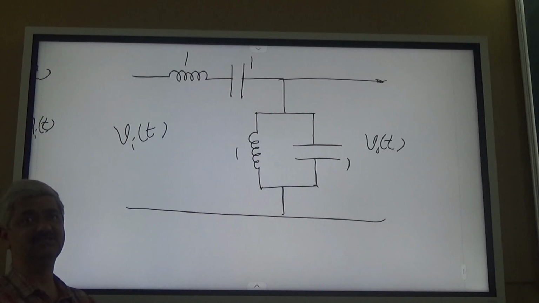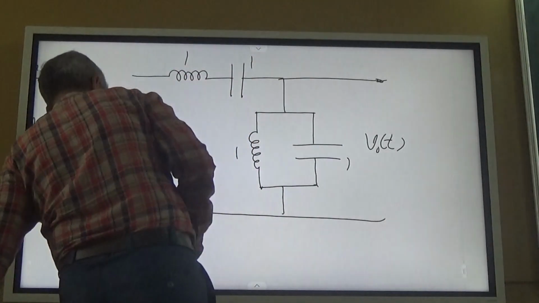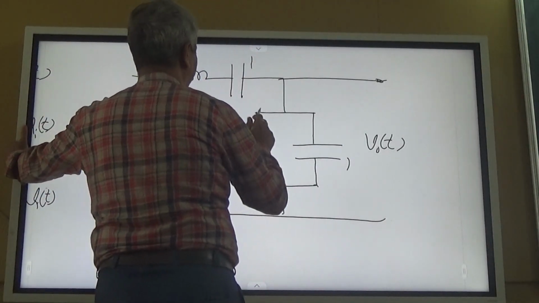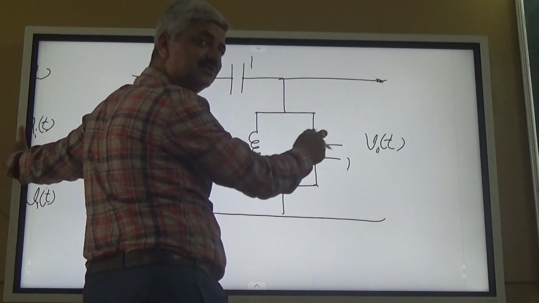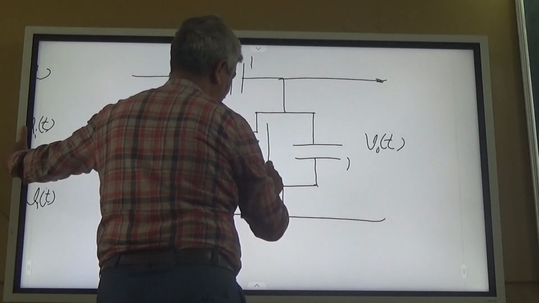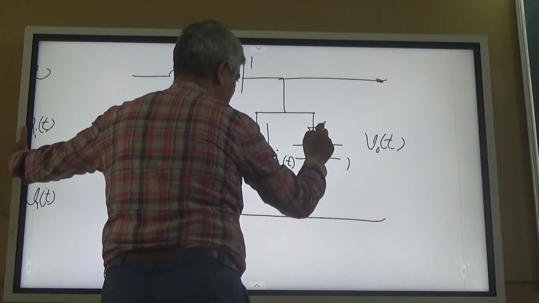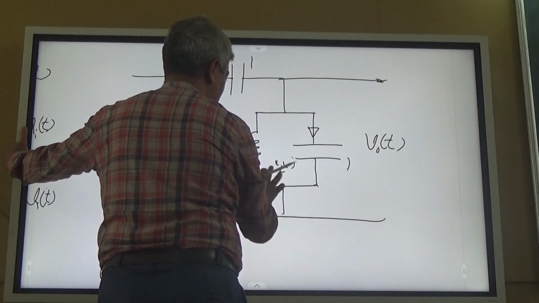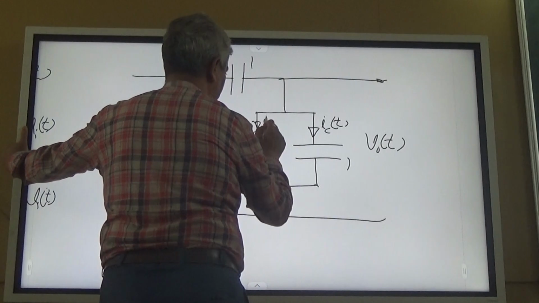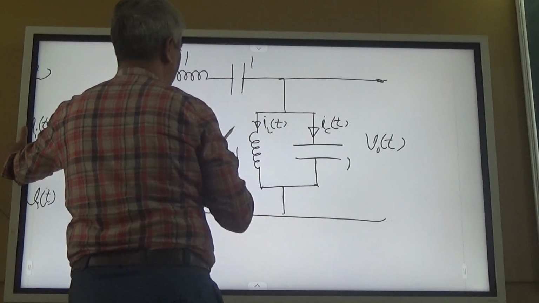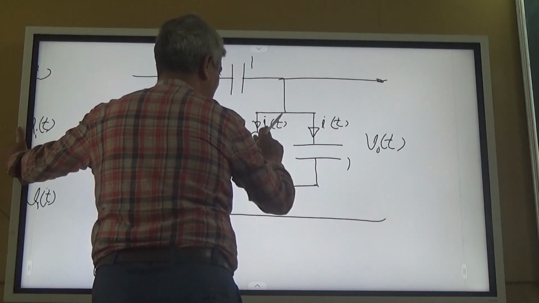So how do we proceed? Here there are two arms, so we can have this as i_L and this as i_C. Now i_L we will not say, because again they will be confused, so I use the terms i1(t) and i2(t), right?